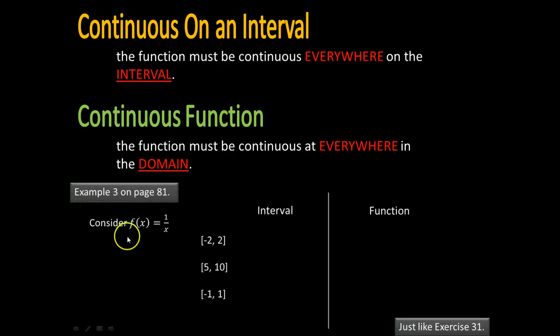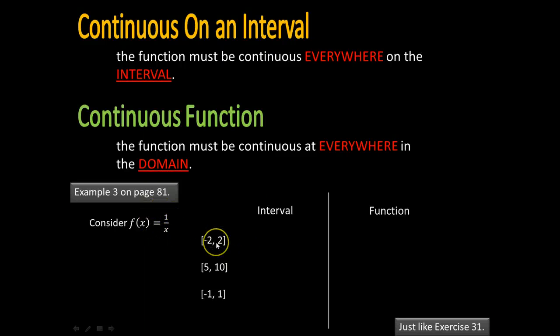So the example we're going to consider is f of x equals 1 over x. We're looking to see, is it continuous on these intervals versus is the function itself continuous? So on the interval from -2 to 2 inclusive, that means everywhere between -2 and 2, is this function continuous?